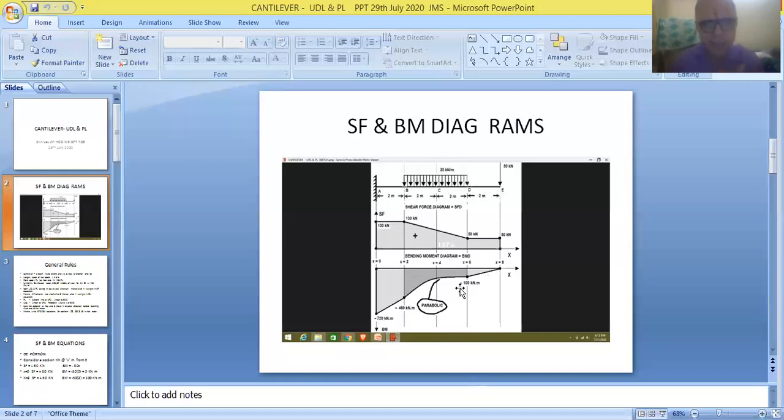In the first portion and the last portion, UDL is not acting; UDL is acting in the middle portion. So therefore, it is coming in the form of a curve. That is called a parabola. So friends, this is the way of drawing shear force and bending moment diagrams.